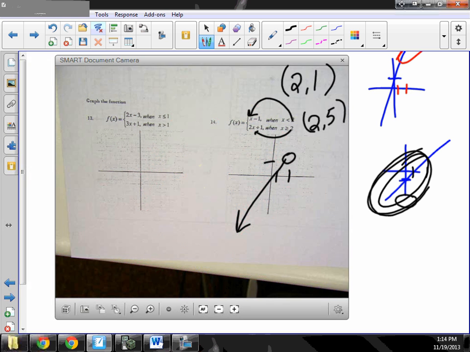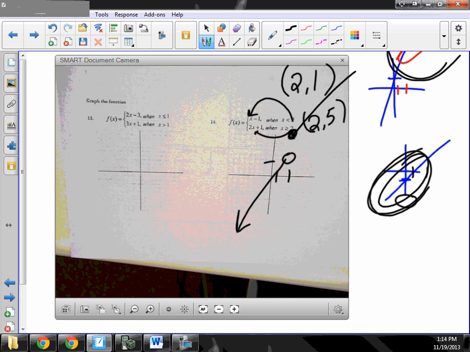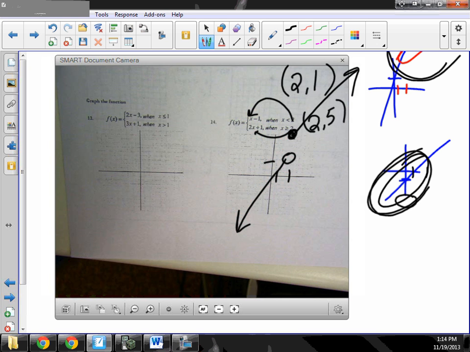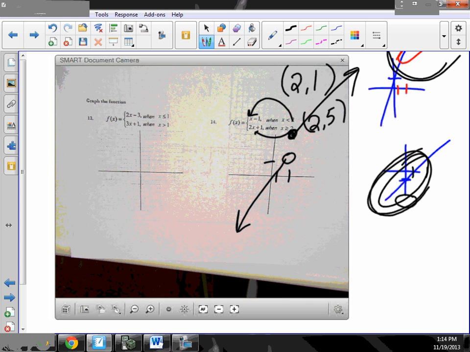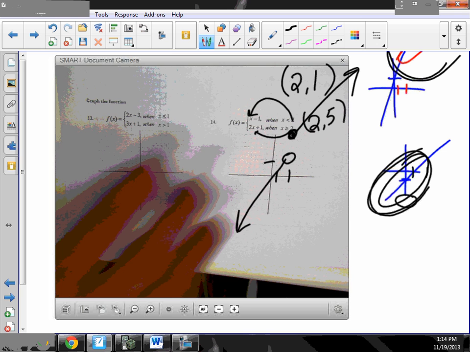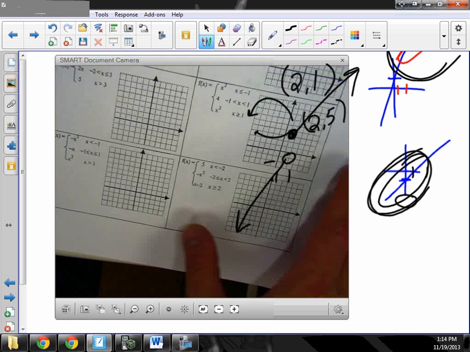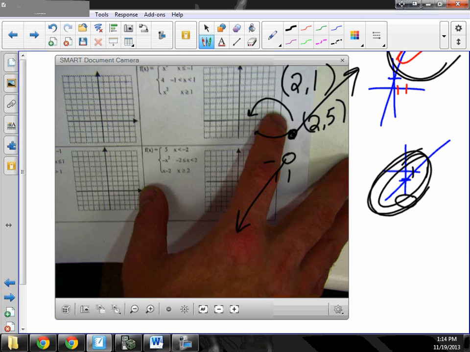So I go up here to 2 comma 5, closed circle, and then I draw this graph here, which is going to be in that direction. So you need to know where the graph is heading. You also need to know what the endpoints are and if the endpoints are closed or open. Okay, turn the page. Let's do the second problem.